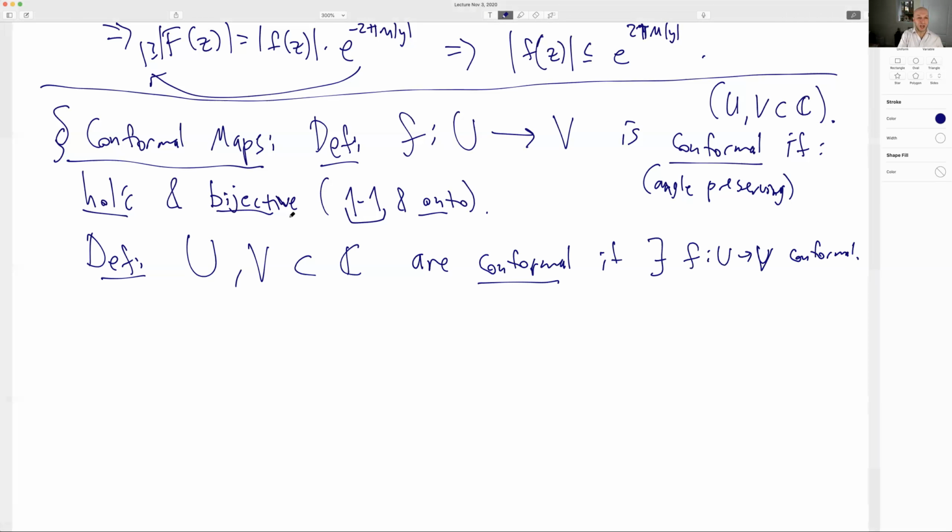If it's bijective, then it obviously has an inverse. This allows us to make an equivalence relation. So the question is, is U conformal to V an equivalence relation?